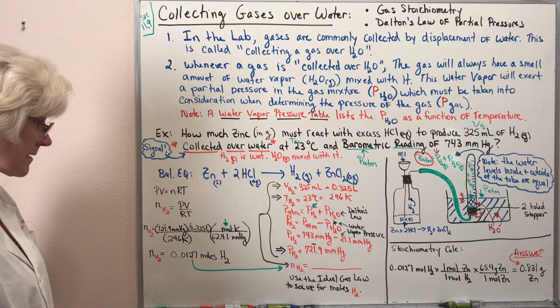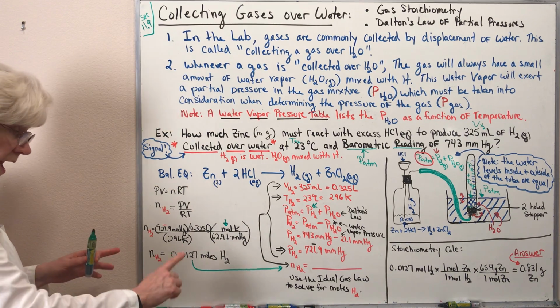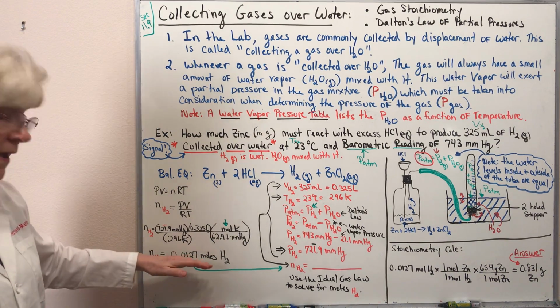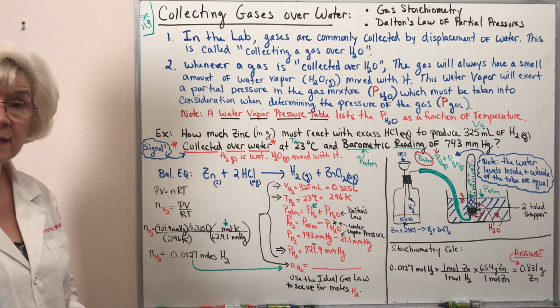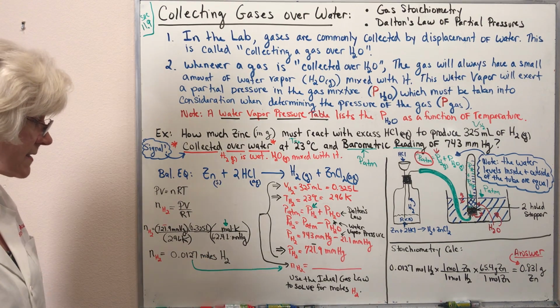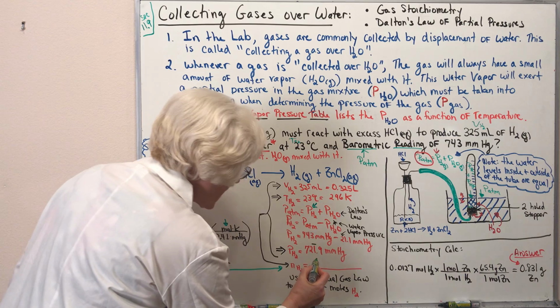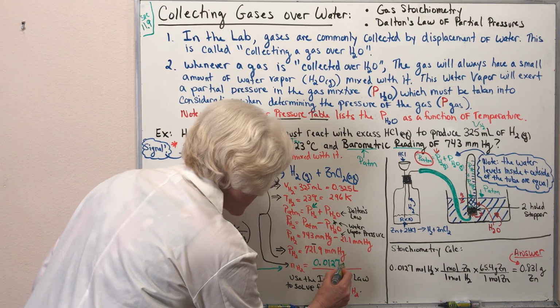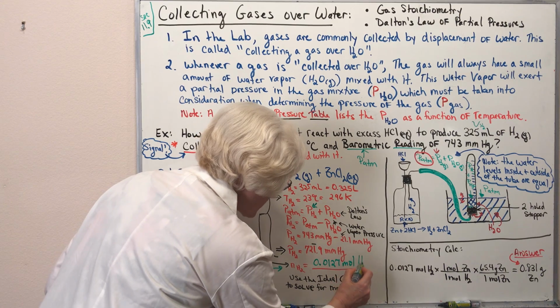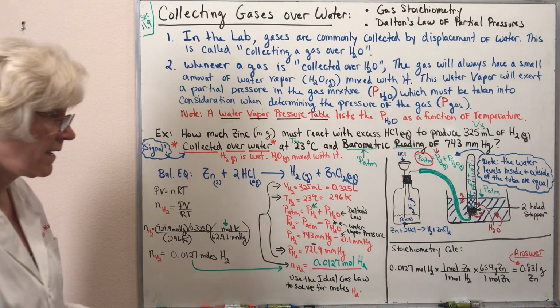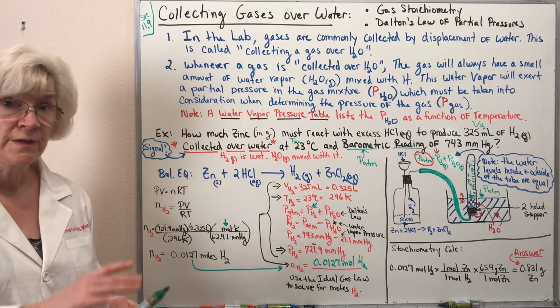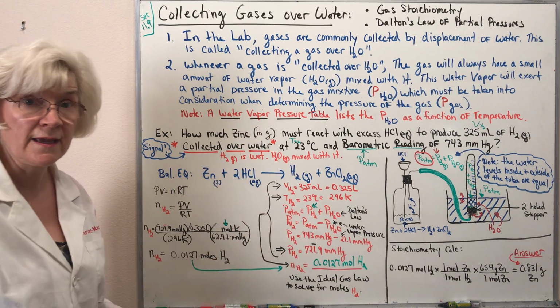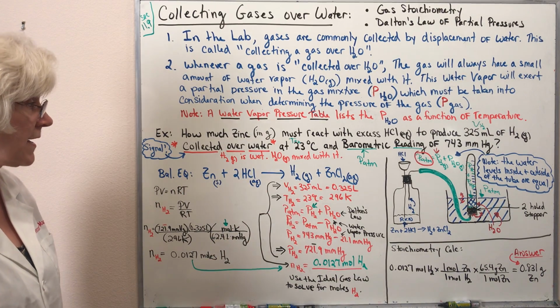And if you're interested, just pause the video and double check and see if I got that right. So I have moles of hydrogen calculated from the ideal gas law, and I can come in and write here 0.0127 moles of hydrogen. At this point, we should see clearly the path to the finish line.